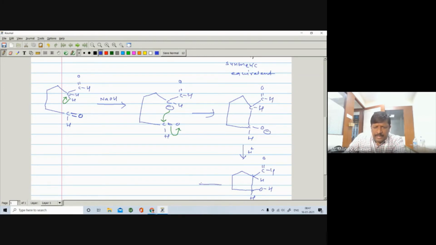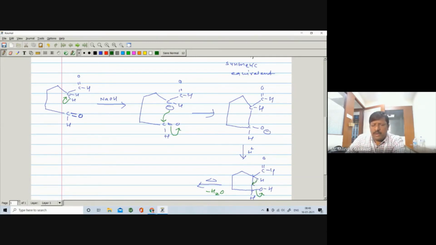And when you heat it, then what happens? It undergoes dehydration at 80 degree centigrade temperature. So how does it undergo dehydration? Here, this OH is negative. So this sigma bond opens on the oxygen, there is a removal of OH, carbon becomes positive. So this sigma bond will shift here, forming a double bond.